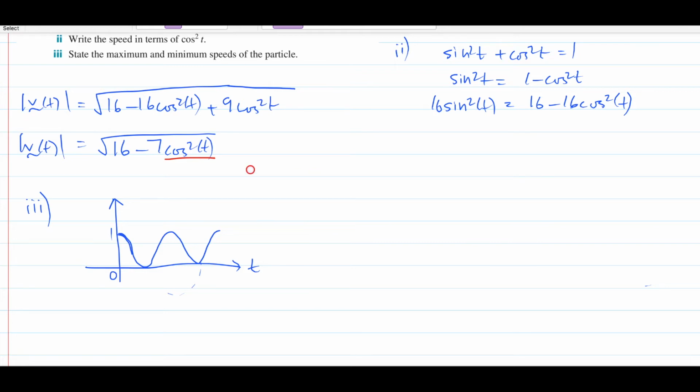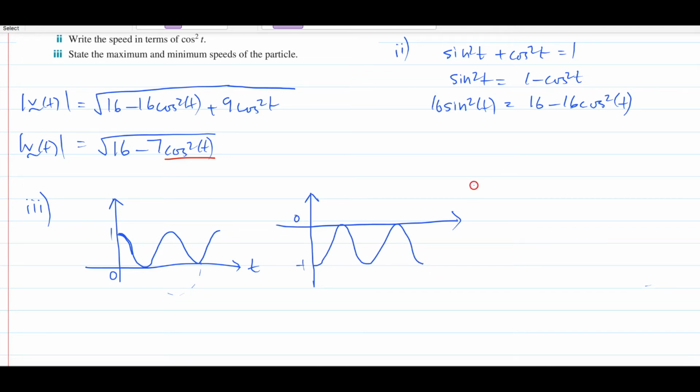Now the thing here is you have square root of 16 minus this graph right here, okay? Because there's a minus, we take into account the minus as well, okay? So I'll sketch the negative cos square. Negative cos square, it's pretty much this graph right here, but reflected the other way. So that means it starts from -1, goes over to 0 right there, and comes back down right there, and it just keeps going on, okay?